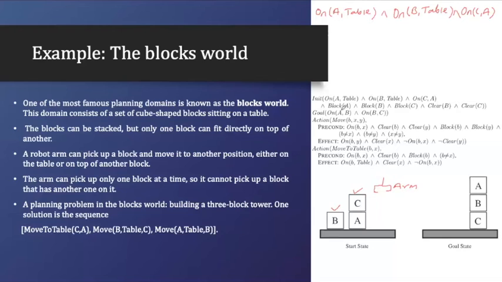If you want to define the variables, you can define them like this: A is a block, B is a block, C is also a block, and B is clear initially, and C is clear initially. What is clear? Clear B means the top of B has nothing on it.